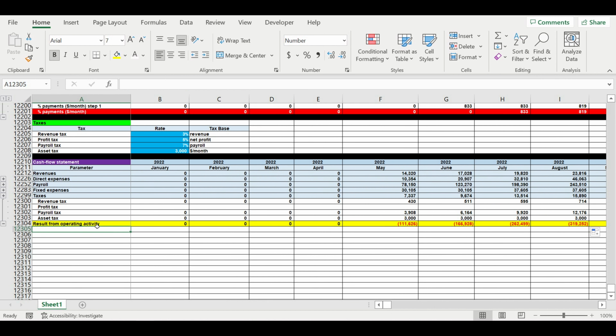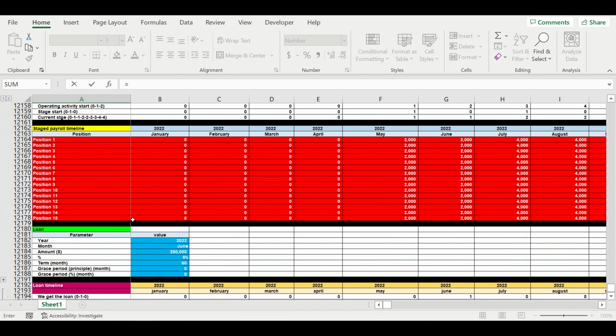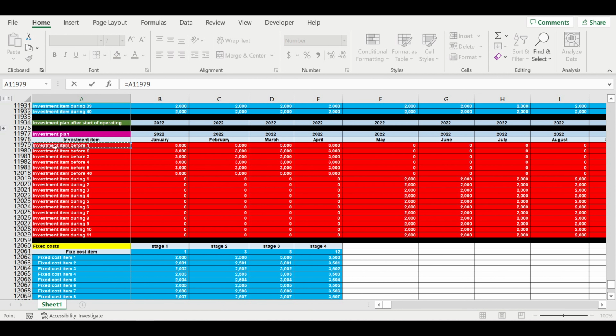Then we move to investment activity. So here we have two blocks of investment. The first block is before we start operating activity, and the second one is when we have the operating activity. So here it is.